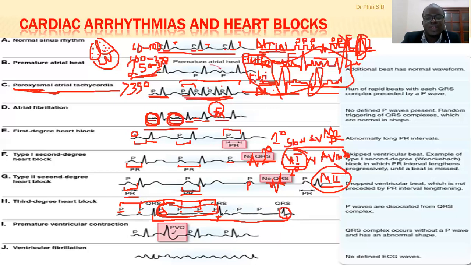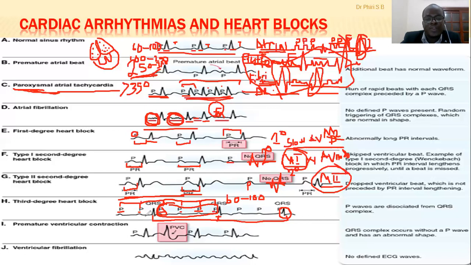But you need to know that in as much as atria are contracting on their own and the ventricles are contracting on their own, the P wave, you're going to have a normal sinus rhythm for a P wave. So you're going to have 60 to 100 P waves on the ECG when you calculate the heart rate.